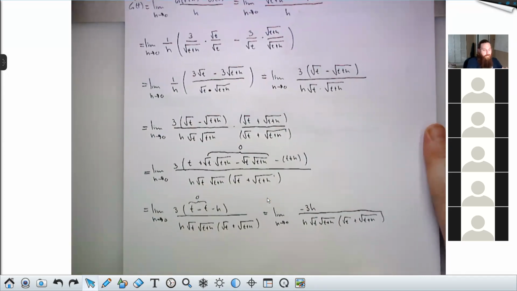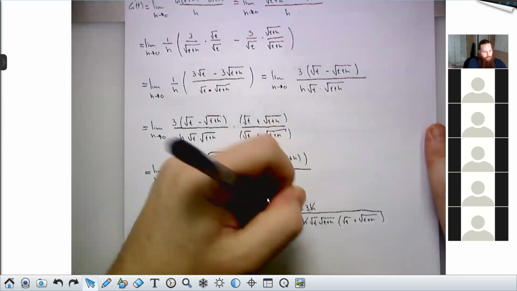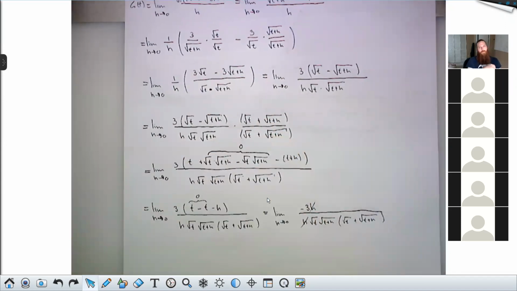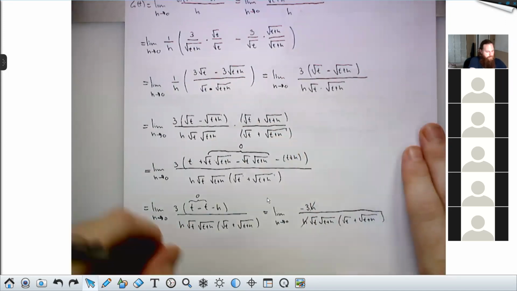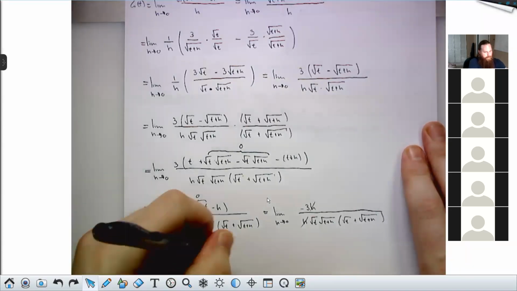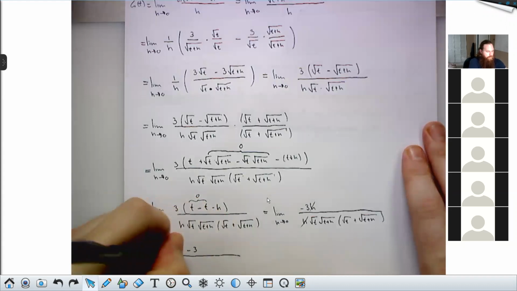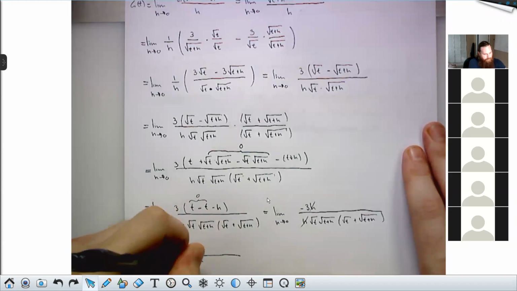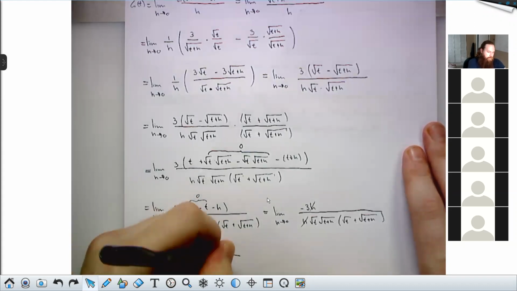And now we can finally cancel the h, boom, boom, from the denominator. So I'll have lim h to 0, negative 3 over root t times root t plus h times root t plus root t plus h.